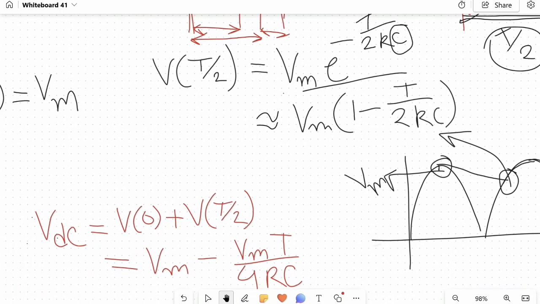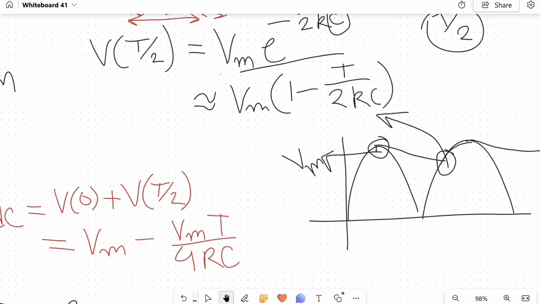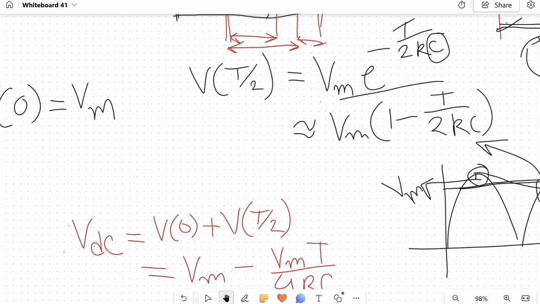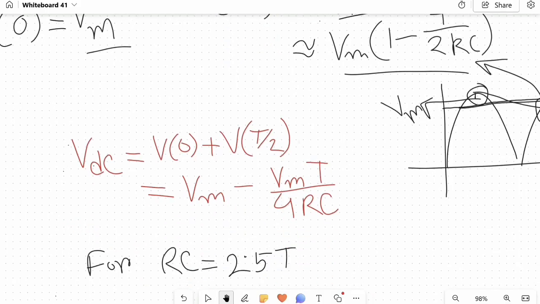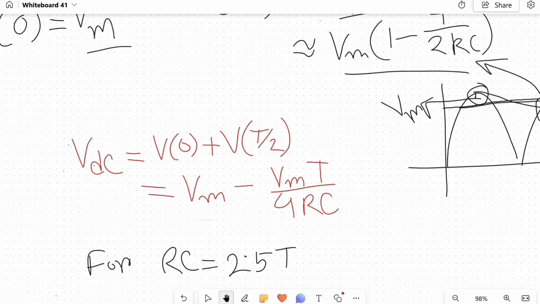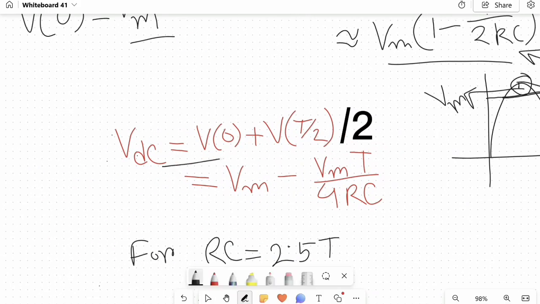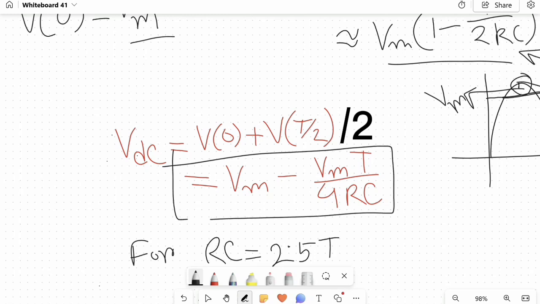Alright, since we know the maximum and minimum, by taking the average we can find the approximate DC voltage that goes somewhere in the middle. So we can approximate the DC signal by these two values. And if we do that, this is what we get for our DC. This is our DC signal.